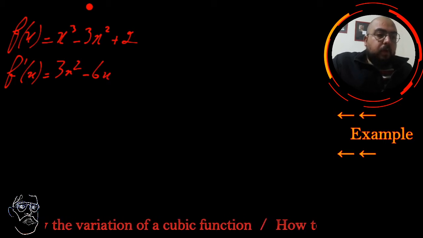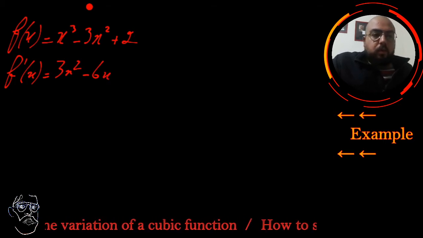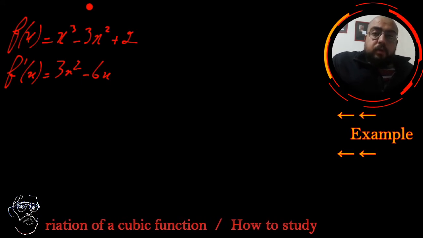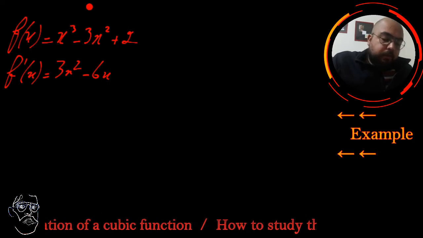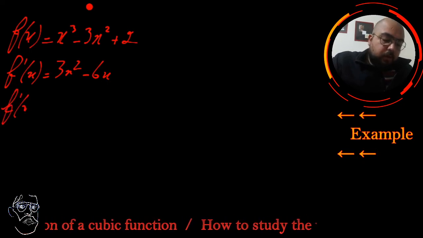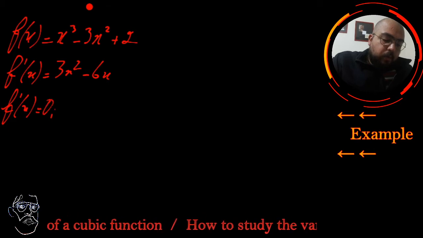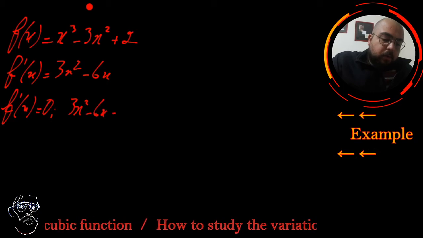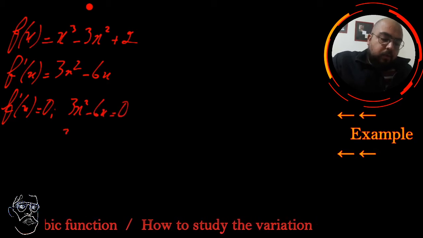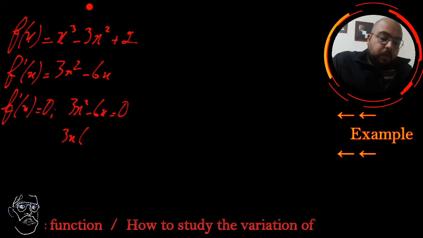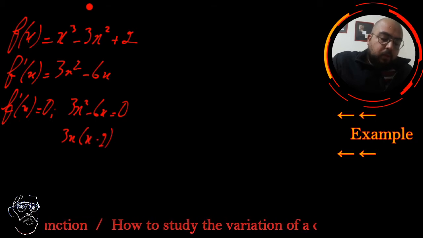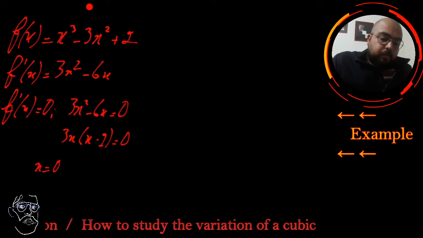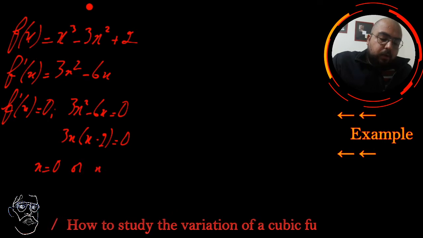The derivative of the constant is 0. In order to study the sign of f prime of x, you will have to say f prime of x is equal to 0, which means 3x squared minus 6x is equal to 0. So with 3x as a common factor, you will have 3x times x minus 2 equal to 0. The roots will be x is equal to 0 or x is equal to 2.